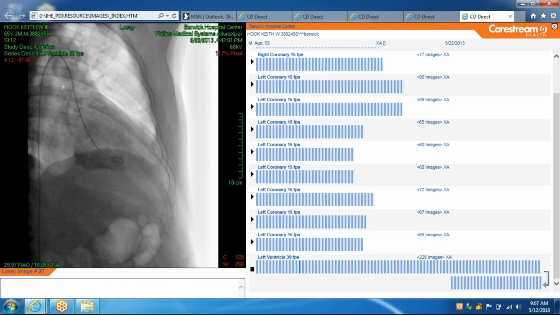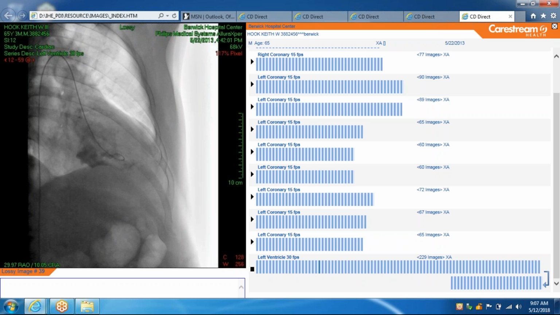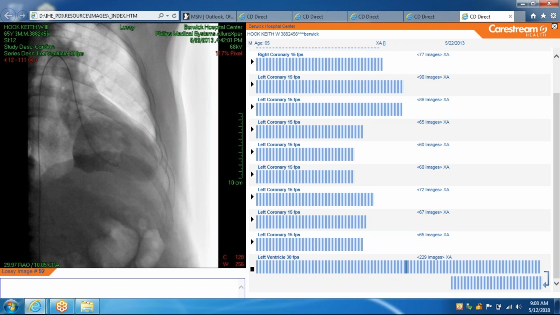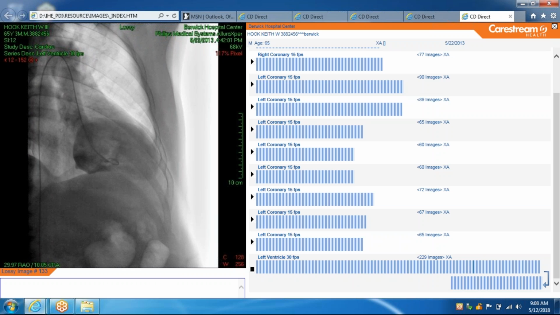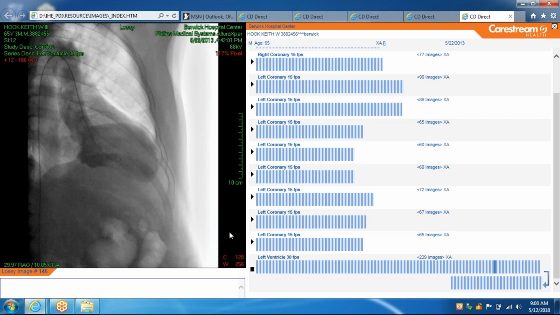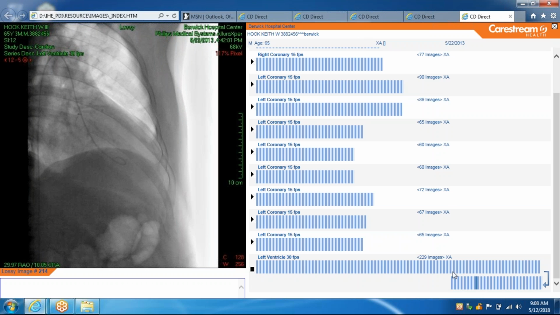Another approach, we could have done a viability study, and if the viability study was good, then we could go on to do bypass surgery. So that's that. This patient went on for medical therapy.